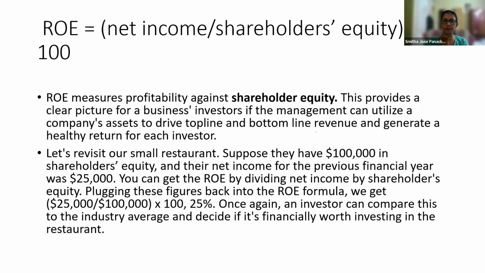During the previous financial year, the company generated a net income of $25,000. $25,000 divided by shareholders' equity, $1 lakh here, then multiply it with 100. Then what is the ROE here? 25%, right? This is another expression of return.